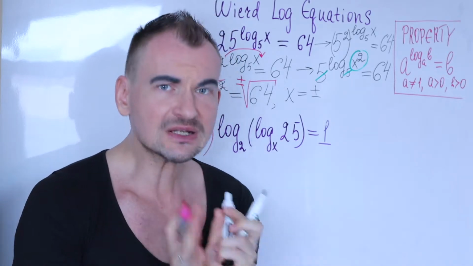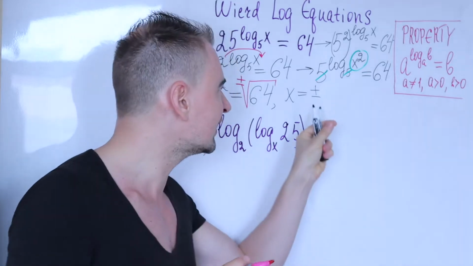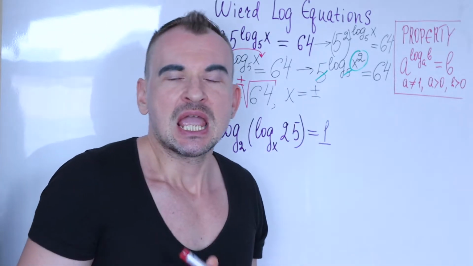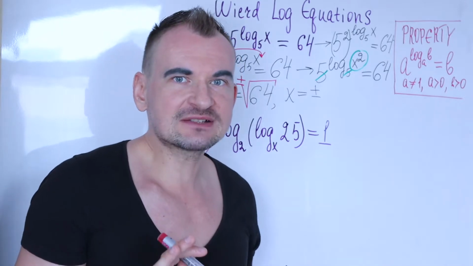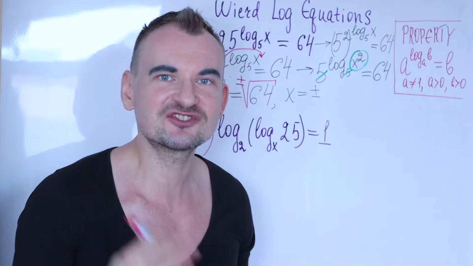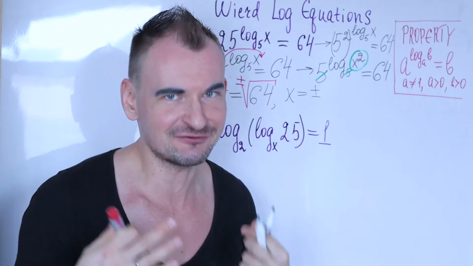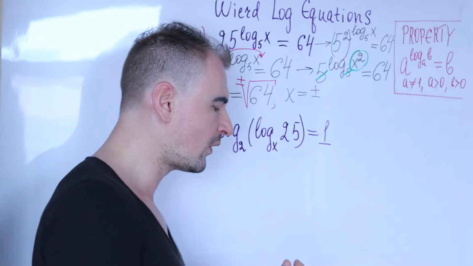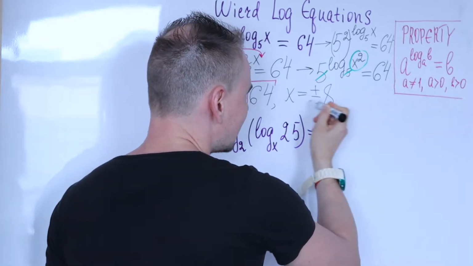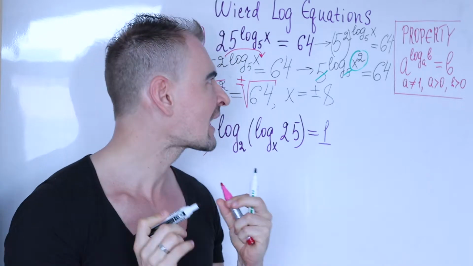So to be precise, you would get plus minus. And since 64 is a perfect square number and the square root of 64 is just 8, since 8 times 8 gives you back that 64, you will be left with just plus minus 8.